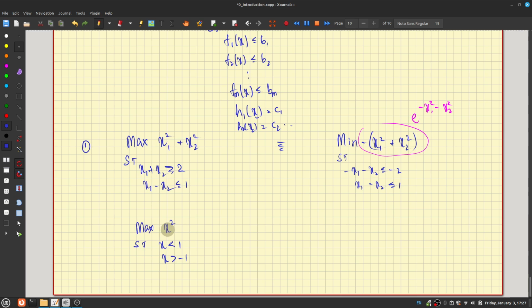So x is real, right? Okay, the objective function can be transformed to the standard form. Instead of looking at max of x square, it is the same as min of minus x square. Not a problem. But what about this strict inequality constraint?